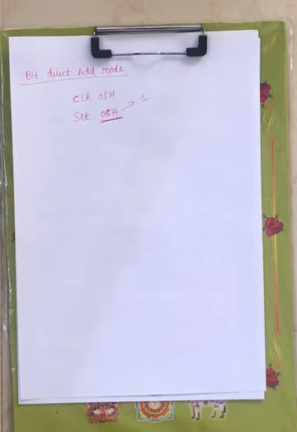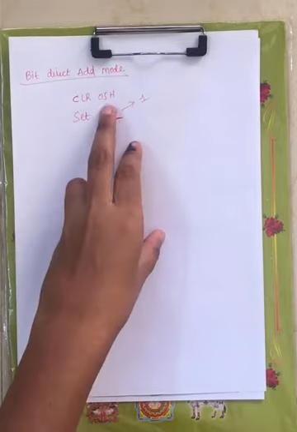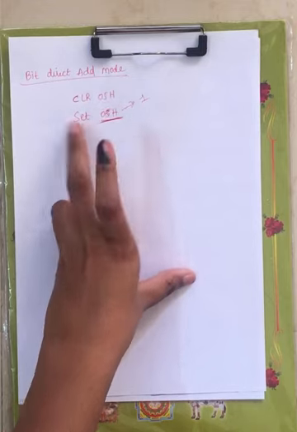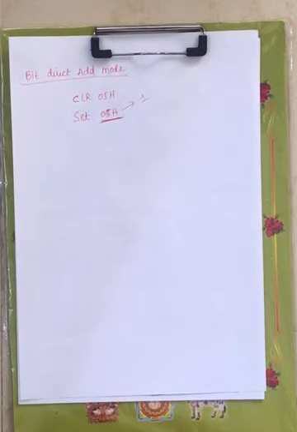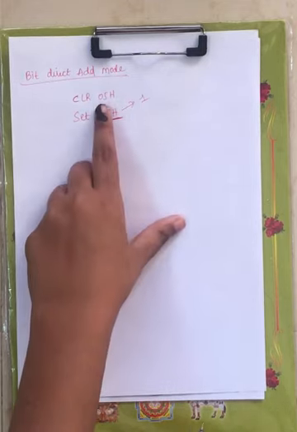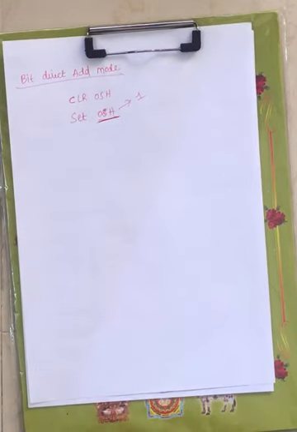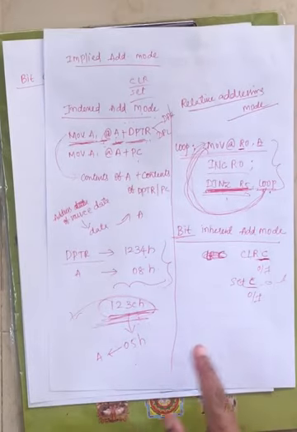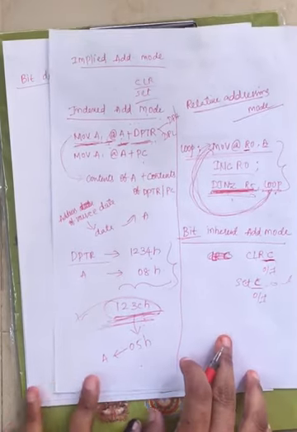Now the addressing mode in which the direct address of the bit is specified within the instruction. If you see this instruction, the direct address is specified within the instruction in order to clear or set, right. All those instructions will come under your bit direct addressing mode. Now what is the difference between bit inherent addressing mode and bit direct addressing mode?